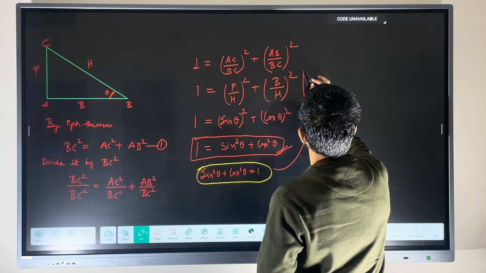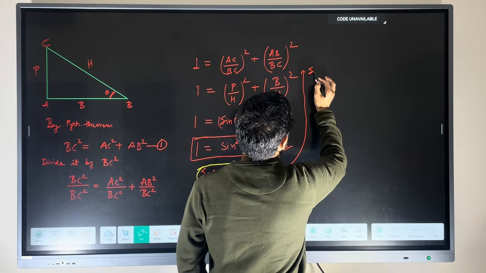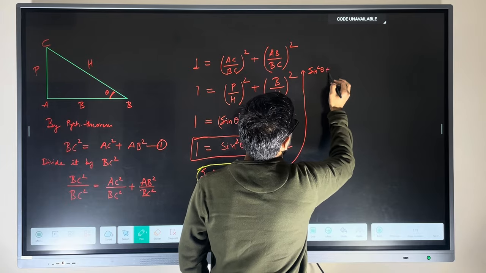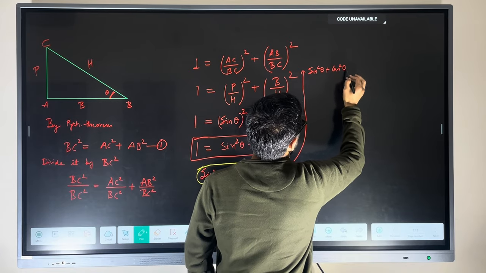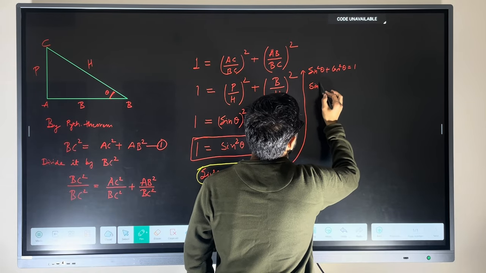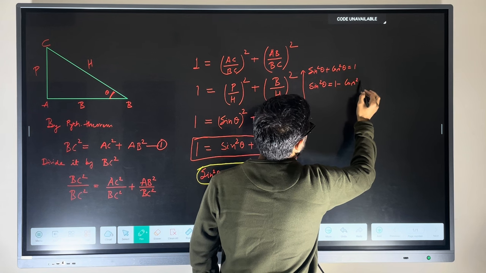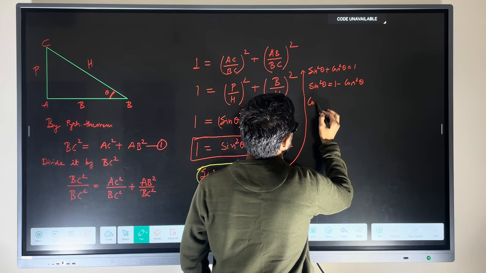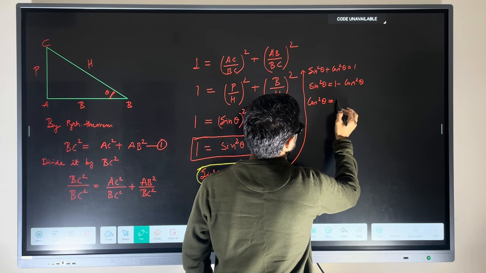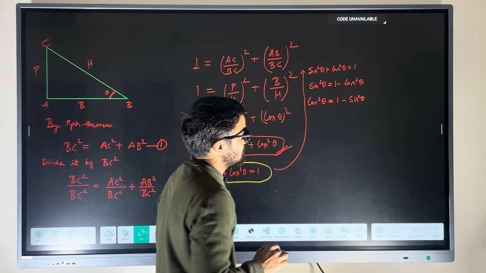Now we can change this formula for our convenience. Sin square theta plus cos square theta is equal to 1. So we can simply say sin square theta is equal to 1 minus cos square theta, or cos square theta is equal to 1 minus sin square theta.